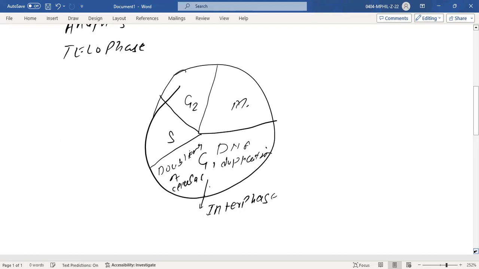Why cellular content? Because it's a stage which is going to prepare the cell for division. After this, there would be a mitotic phase where one cell will divide into two different cells, right?